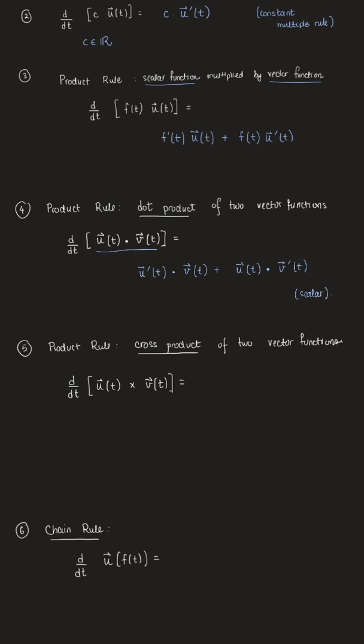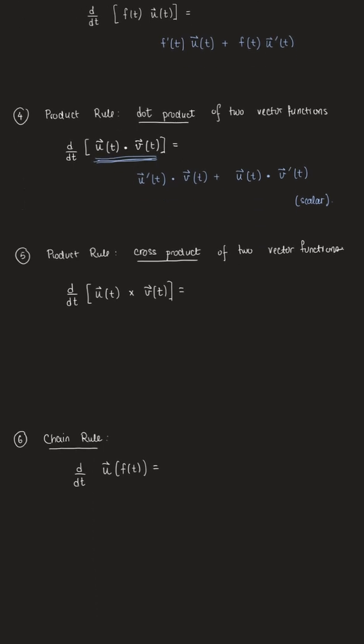So just a note of advice, typically it's much easier to perform the dot product first and then differentiate, rather than applying the product rule for dot products. The third product rule that we have is when we have a cross product between two vector functions. And once again, it's much easier to do the cross product first and then differentiate than it is to apply this product rule.